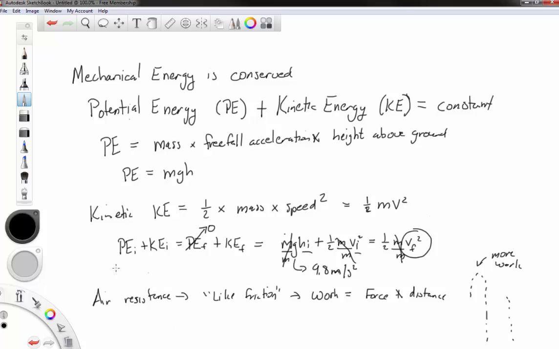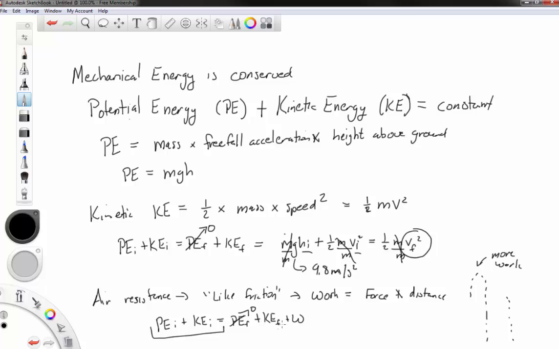So the way that we would modify this equation is basically potential energy plus kinetic energy is equal to the final potential plus the final kinetic plus the work done. And so again, if this goes to 0, if we rearrange this equation by subtracting work from both sides, you can see that this right here minus work is going to be smaller than just this right here.